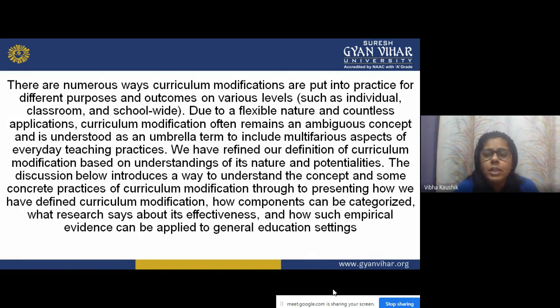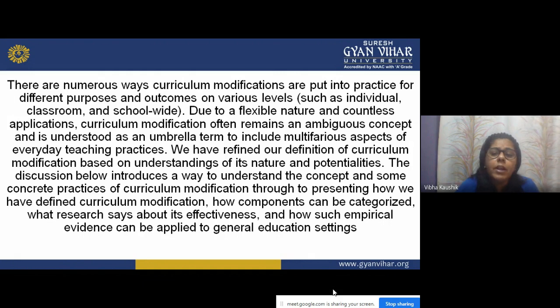Due to a flexible nature and countless application, curriculum modification often remains an ambiguous concept and is understood as an umbrella term to include multifarious aspects of everyday teaching practices, meaning the day-to-day teaching practices, what practices have been used by the teacher for the delivery of the particular content.